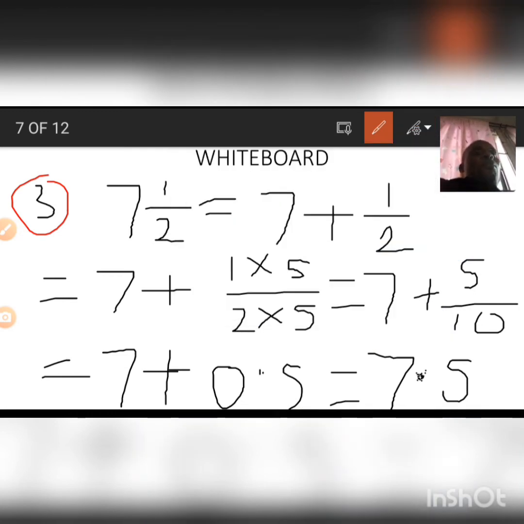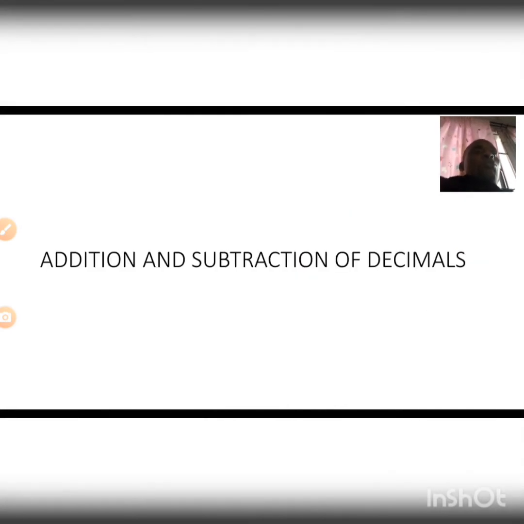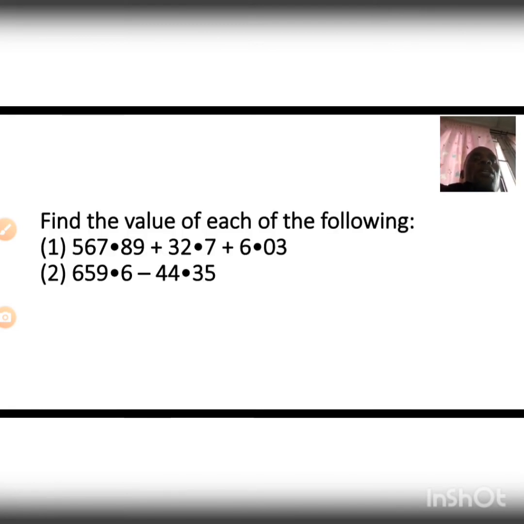All right, now let's try to look at the last subtopic under this heading, addition and subtraction of decimals. Now let's make use of two questions here. I want you to understand that when adding decimals, what is very important is the arrangement.